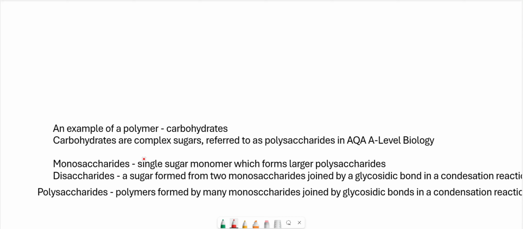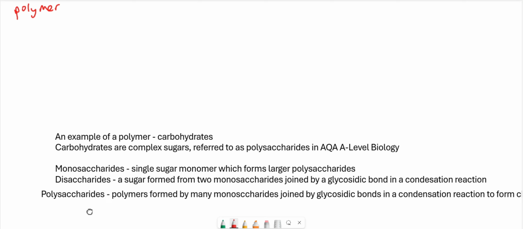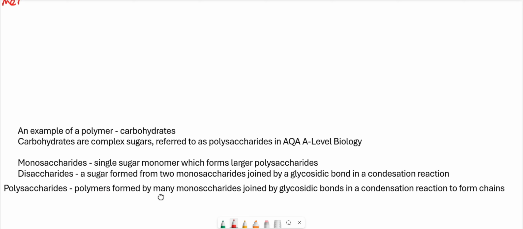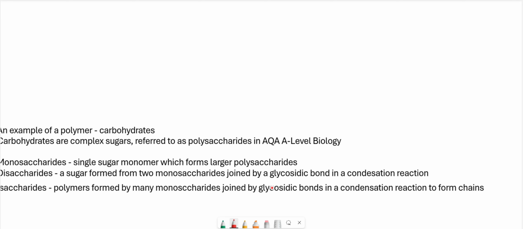I hope you can follow that explanation easily, because we form polymers from monomers, therefore a polysaccharide, which is a polymer, is formed by many monomers. So the definition of a polysaccharide is a polymer formed by many monosaccharides joined by a glycosidic bond in a condensation reaction to form chains.